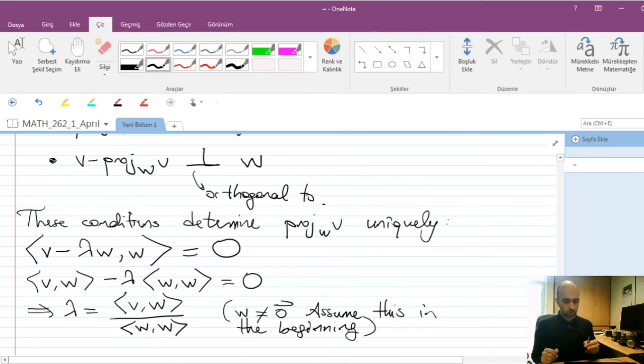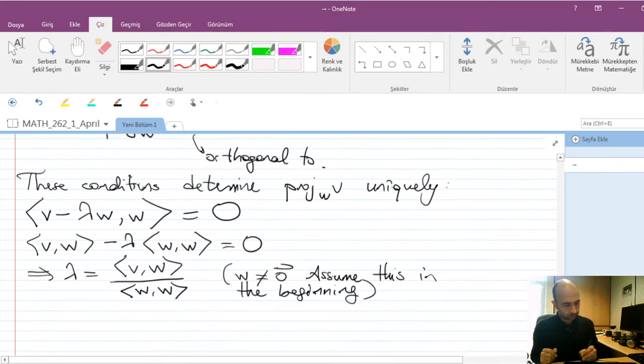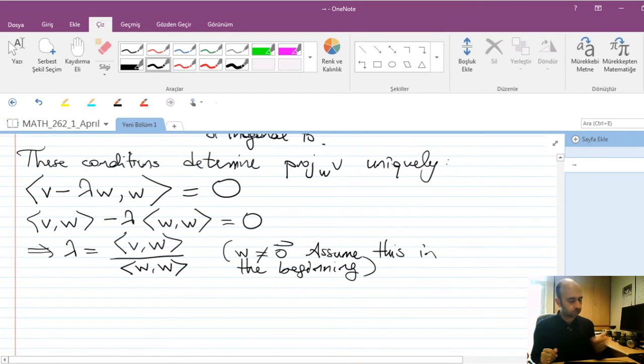Projection along the 0 vector, well, okay, that doesn't make too much sense. At least it's not interesting. Let's select it to be non-zero. And once you assume that, by one of the rules, this quantity is not 0. It is strictly greater than 0. So you can always divide by that number.